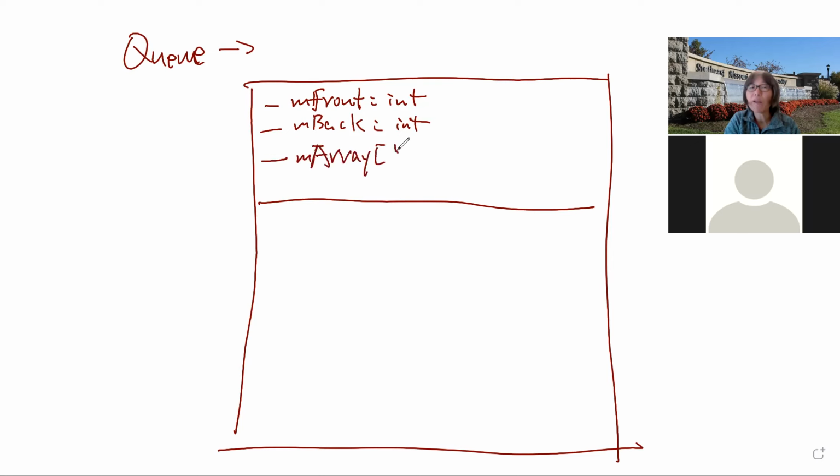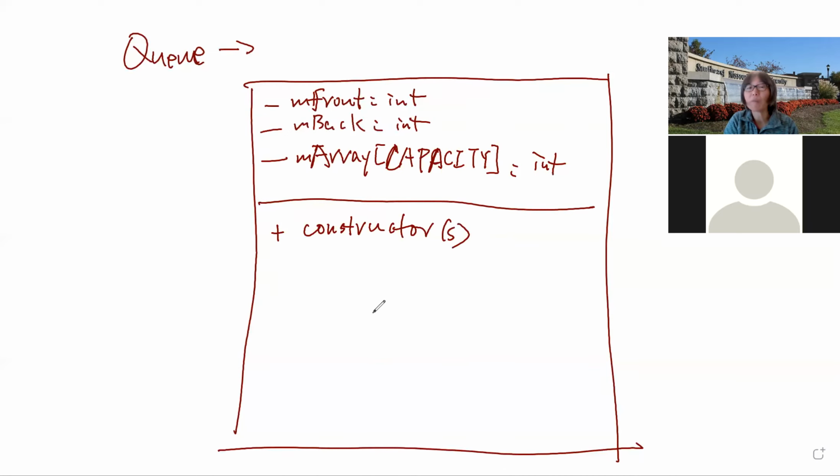It should hold a certain capacity, and the type, in our case, is integer. And they are all set up as private. And the operation that we care about, of course, is the constructor.